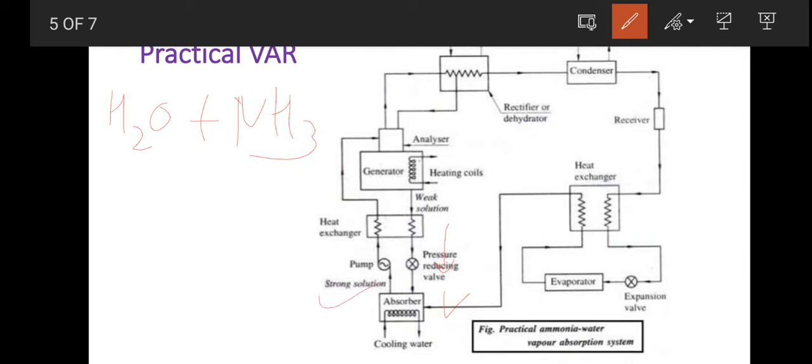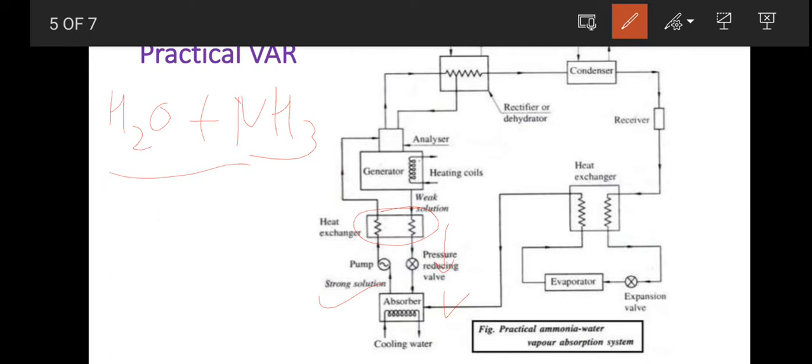What is the meaning of strong solution? The ammonia content in the mixture will be higher with the same quantity of water. Now this strong solution from the absorber will be pumped to the generator through the heat exchanger. The heat exchanger transfers heat from the weak solution coming from the generator to the strong solution supplied to the generator.